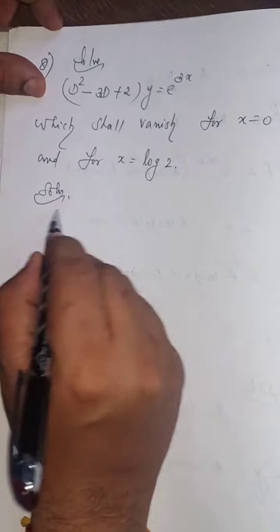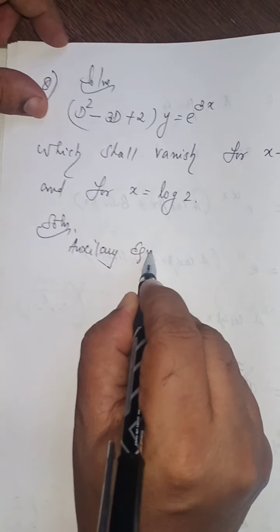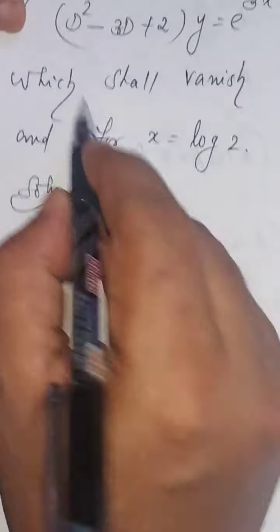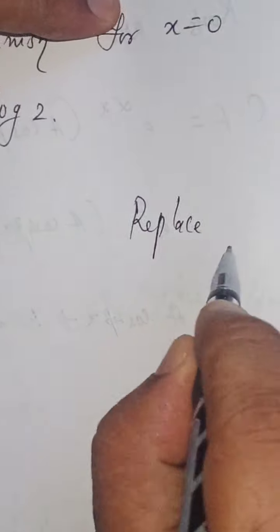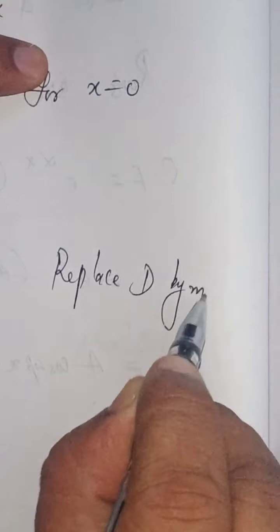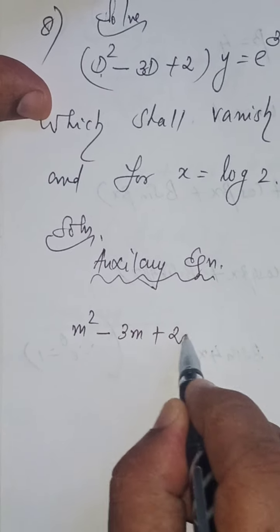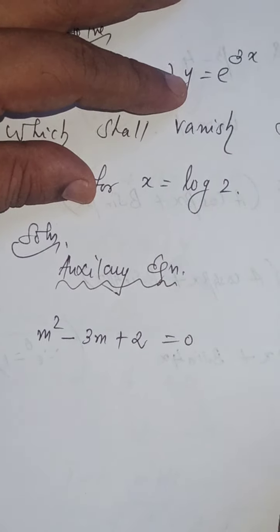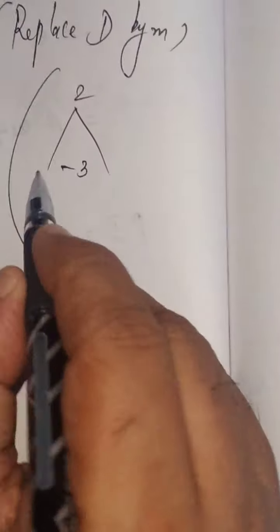As usual, you start with the auxiliary equation. Replace D by m. So you will be getting m squared minus 3m plus 2 equal to 0. Then factorize. The product is 2, and the coefficient of m is minus 3.